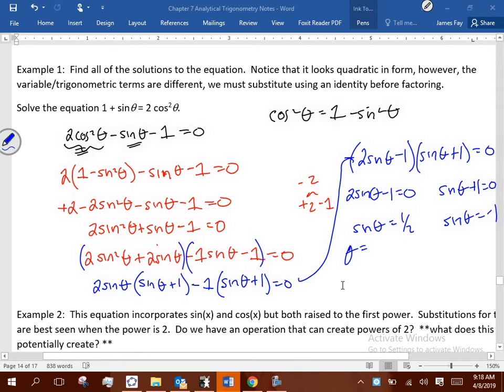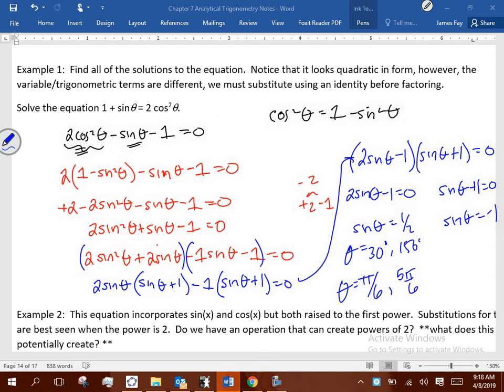In radians it'd be pi over 6. In degrees that'd be 30 degrees, right? Where else is the y value 1/2? 5 pi over 6. And that is 150 degrees, right?